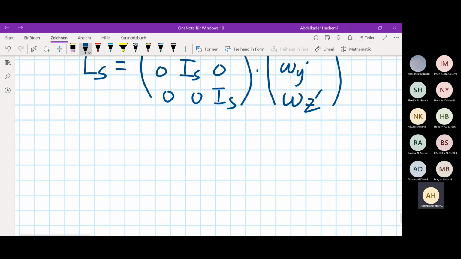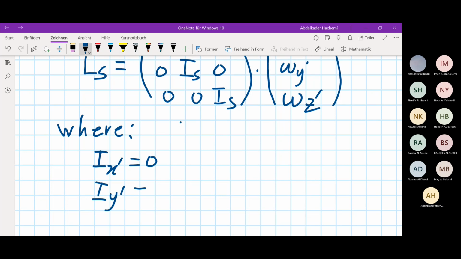And I write here x prime is equal to 0, y prime is equal to 0, and z prime is equal to I s.